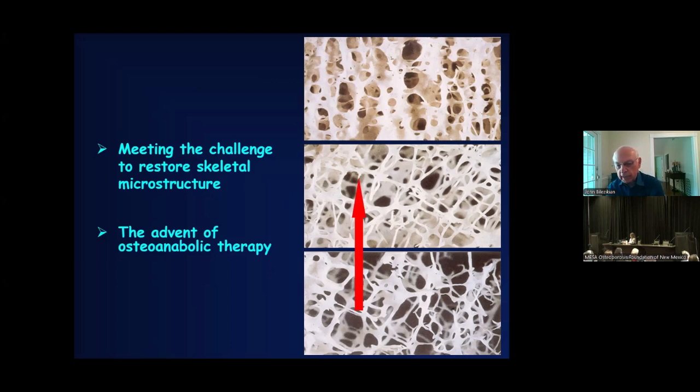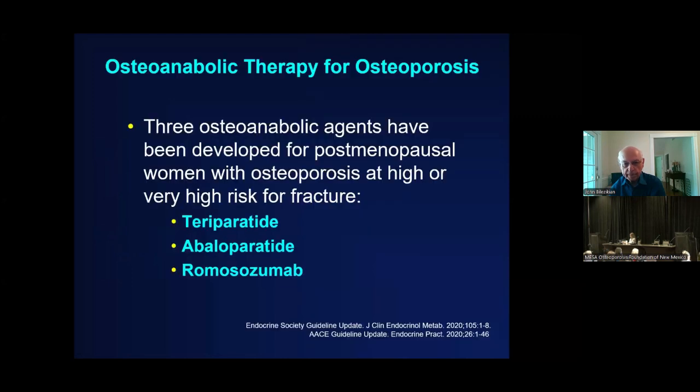And that has a lot to do with not only bone density, but also skeletal microstructure. As you can see in this slide, one of these goals is to improve that bottom panel that is severely osteoporotic to the middle panel, which is less osteoporotic. And this used to be a dream, it probably still is, but ultimately, it may be possible in the years to come to completely restore skeletal microstructure.